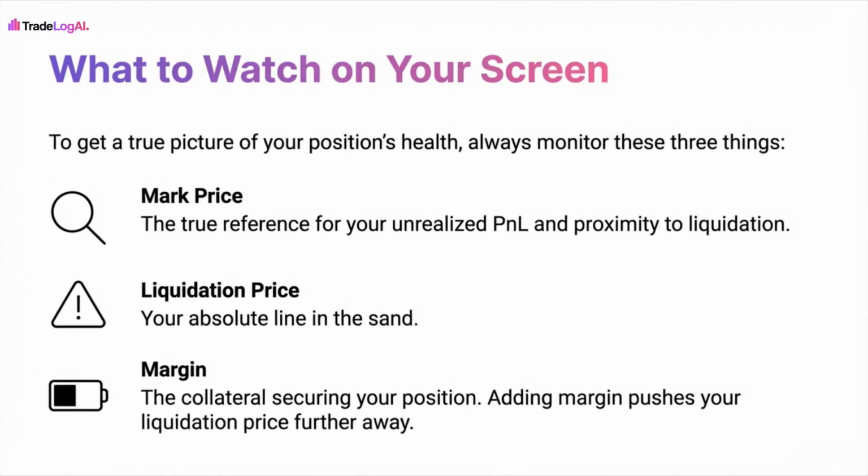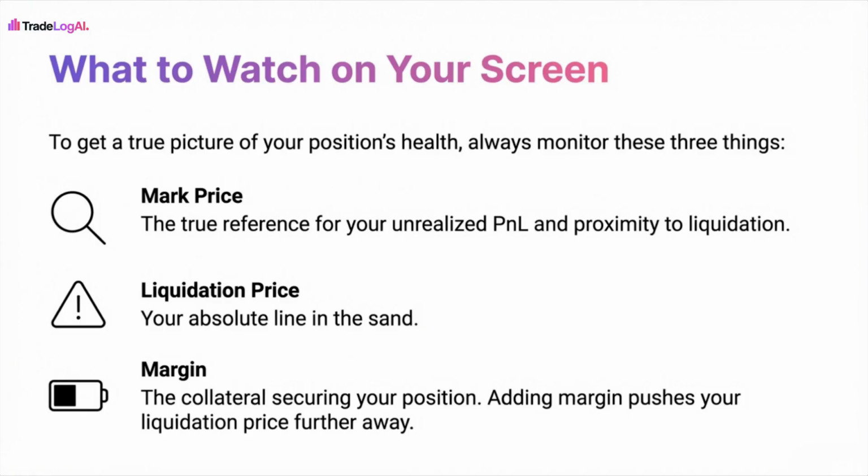What should you actually watch on your screen? If you want a true picture of your position's health, focus on 3 numbers. First, mark price. This is the real reference for your unrealized P&L and how close you are to liquidation. Second, liquidation price. That's your hard line in the sand.